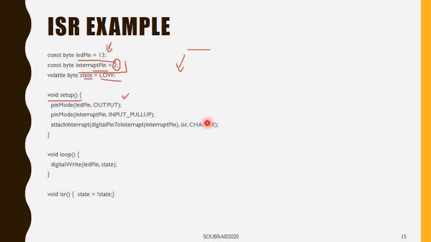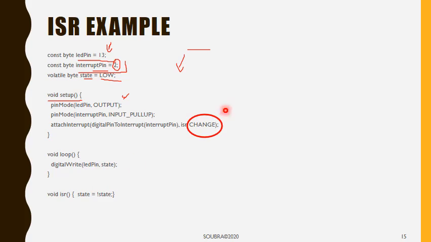If there's a change in the push button that is connected to the interrupt pin here, let's say we go from low to high or high to low, then we're going to stop doing whatever we're doing here, come here, switch the state, and then once we're done with it, go back to whatever we were doing here. So this means whenever I push the button or unpush the button, I'm going to be turning on and off the LED pin, the debug pin.